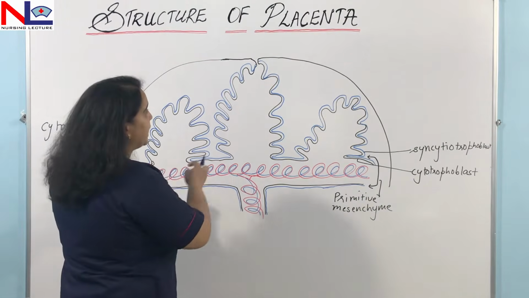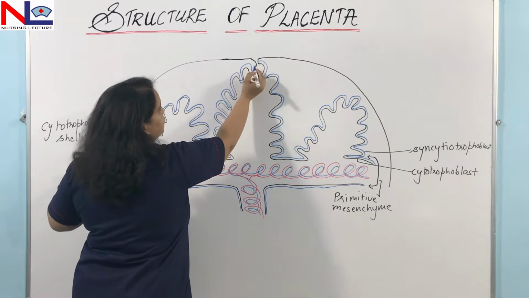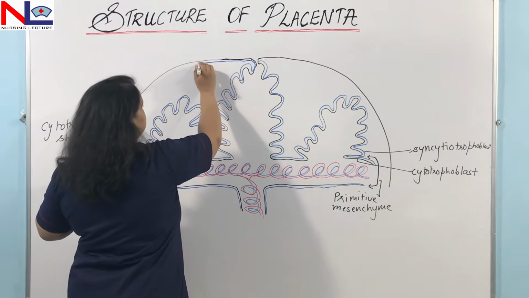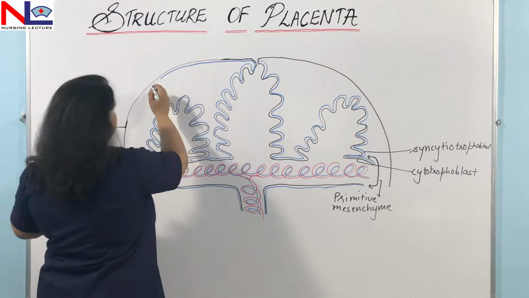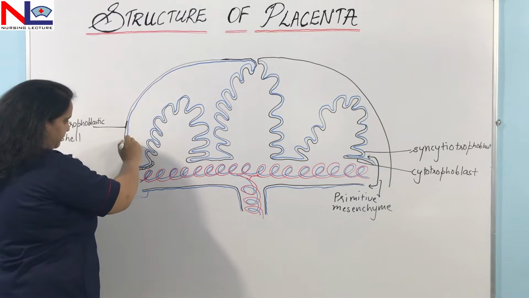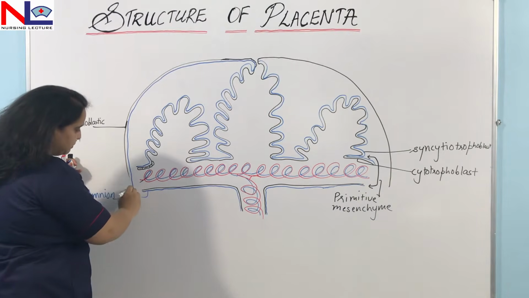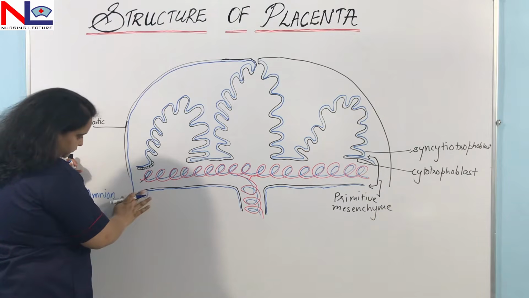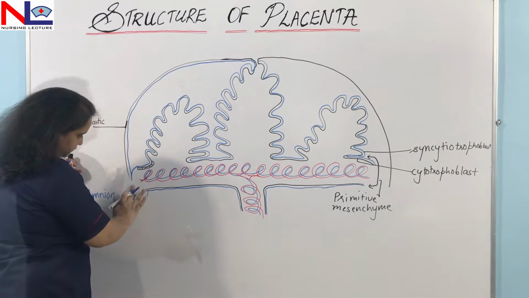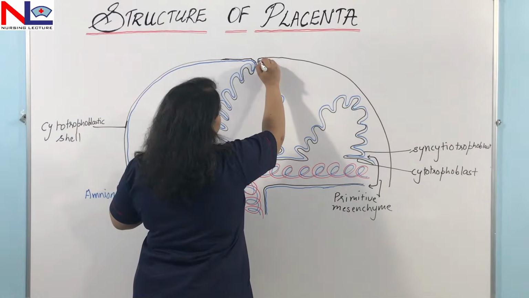And along with that, the syncytiotrophoblast layer is also there, and at the edges of the placenta they fuse here and here also.